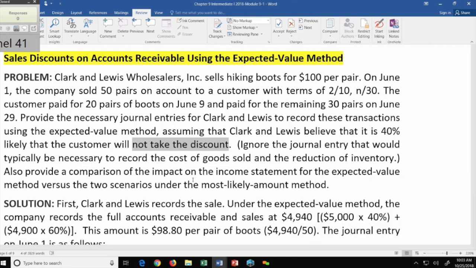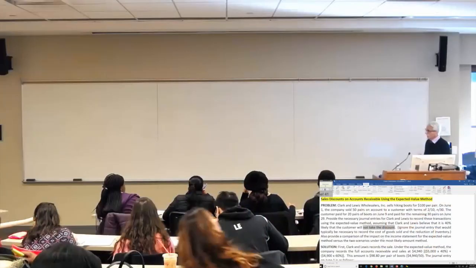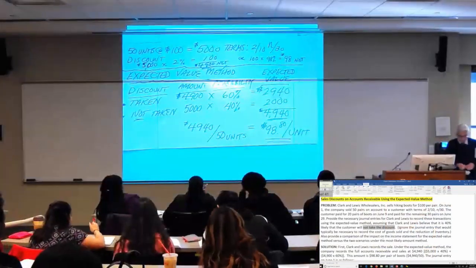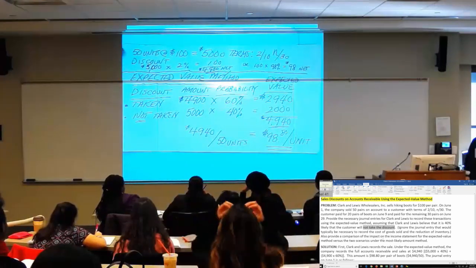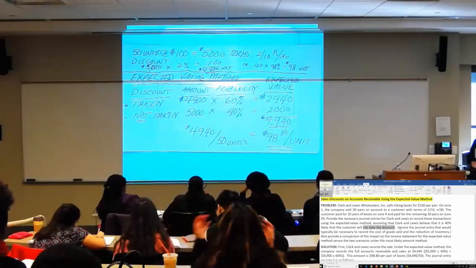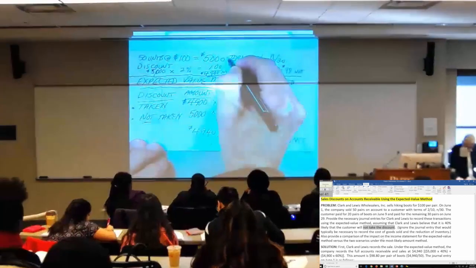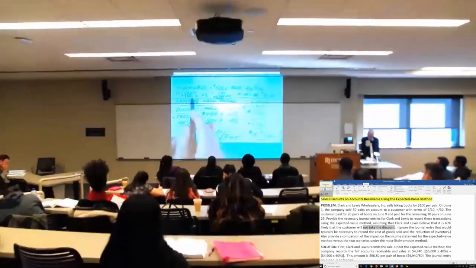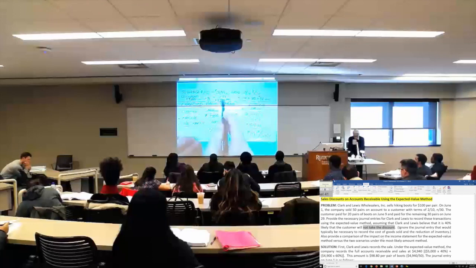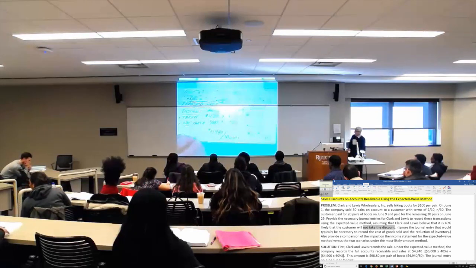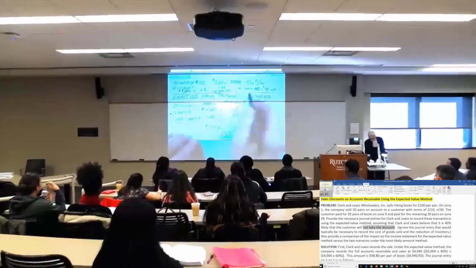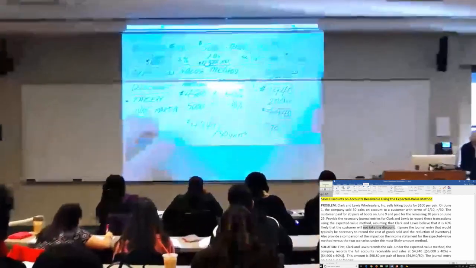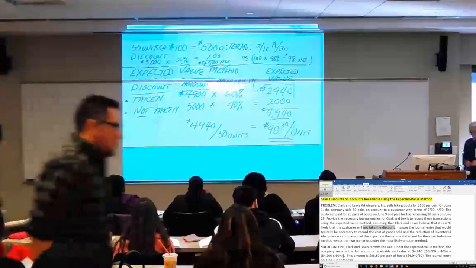So the company sells 50 units at 100, $5,000 in total. Terms, the 2/10 net 30, discount on 5,000, 2% is 100. So the net amount was 4,900, which we established on Tuesday. Or per unit, it's going to be $98 a unit.